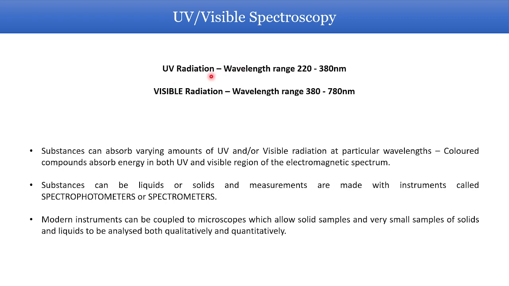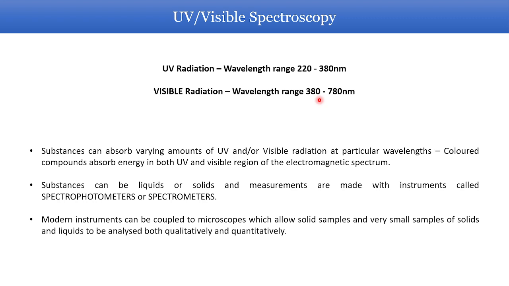UV radiation has a wavelength range of 220 to 380 nanometer and the visible radiation between 380 to 780 or 750 nanometer. Substances can absorb varying amounts of UV or visible radiation at particular wavelengths.